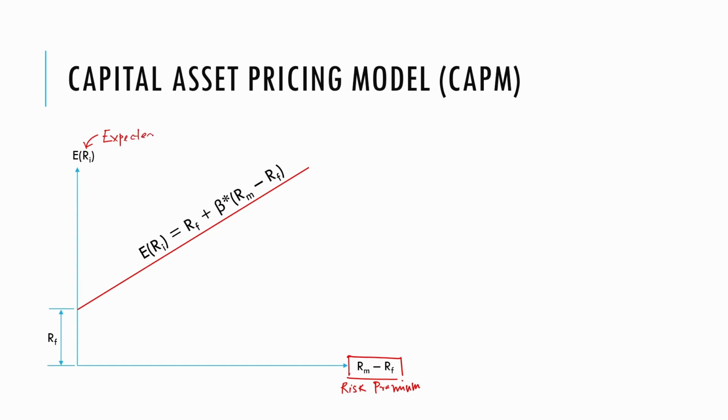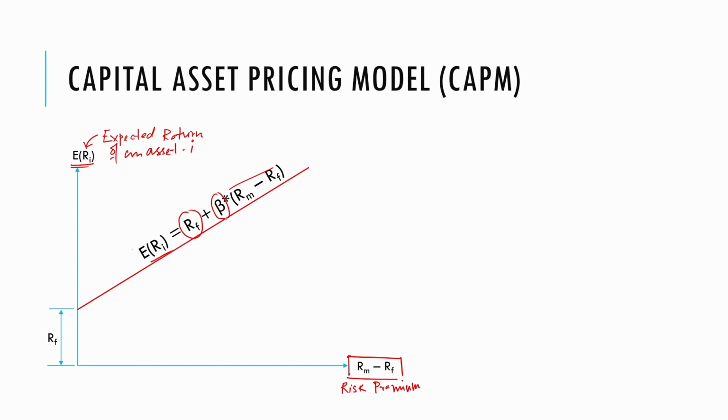This is the expected return of an asset i, so ERi, the expected return of asset i. And this is a straight line relationship. The equation is: expected return is equal to risk free rate plus beta into risk premium.